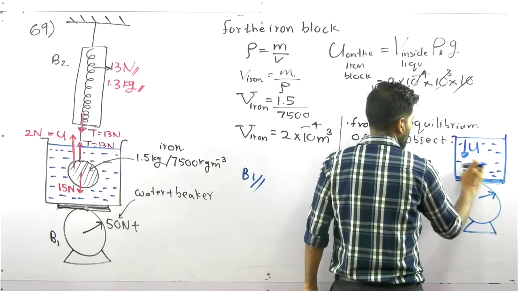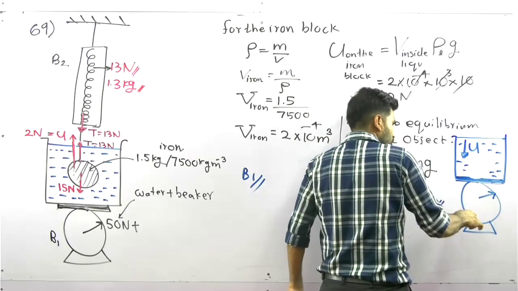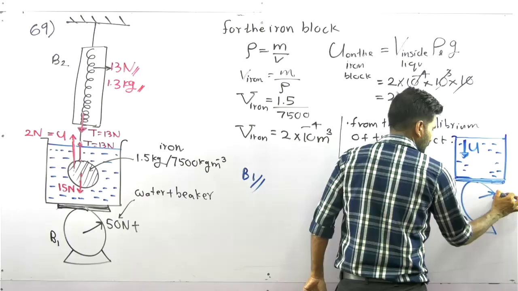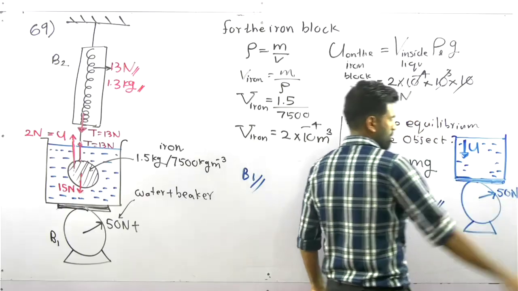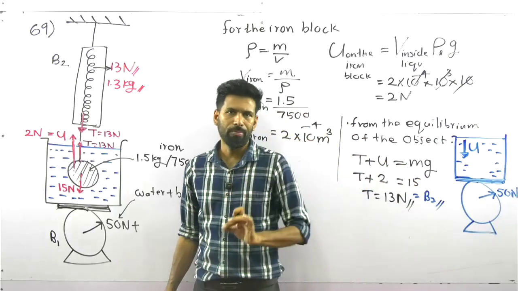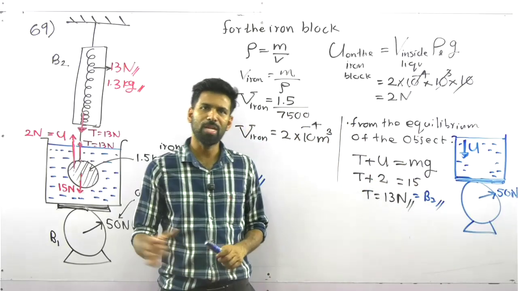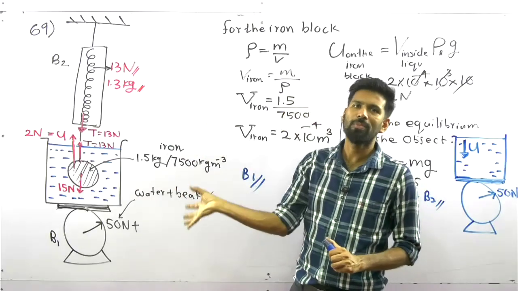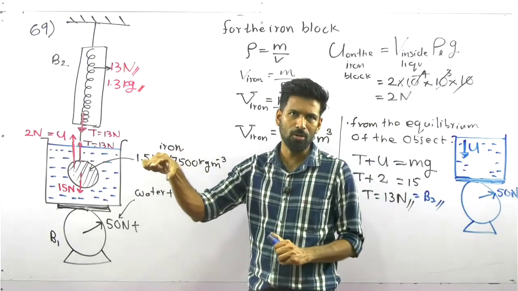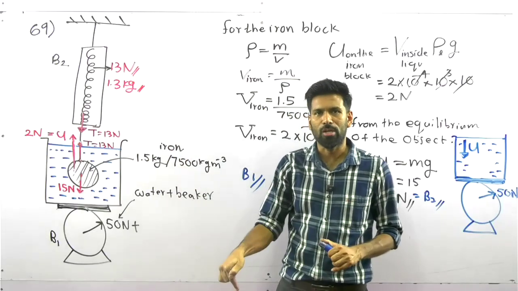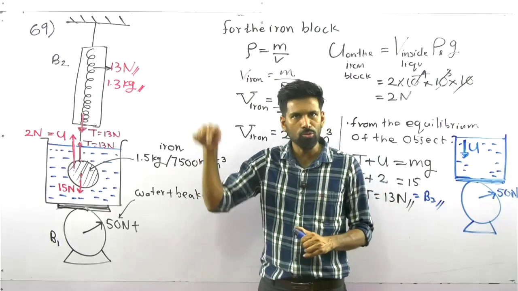So the down thrust will push the plate. It has already 50 newtons from the weight of the beaker and the water, and the upthrust is 2 newtons acting on the object from the liquid. From Newton's third law, from the object to the liquid in the downward direction, there should be an equal force, the down thrust.